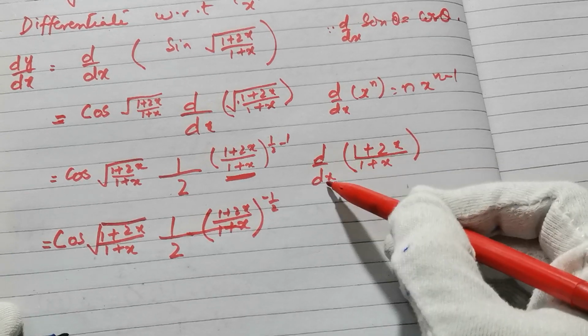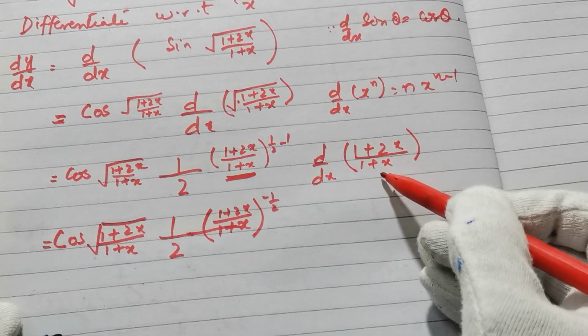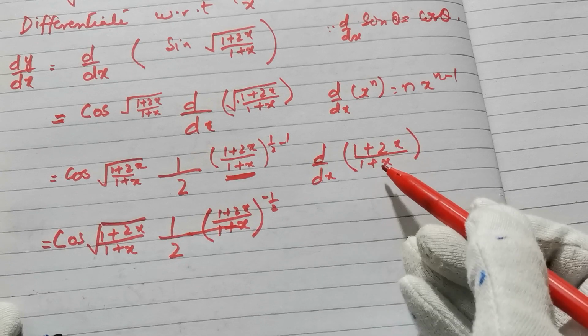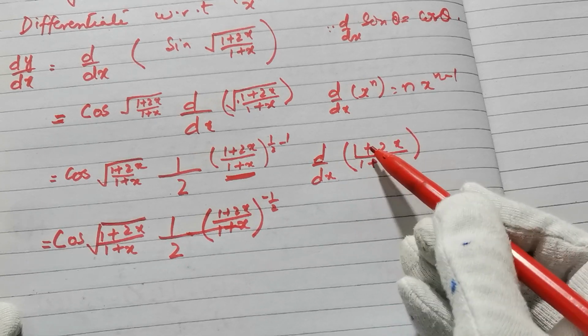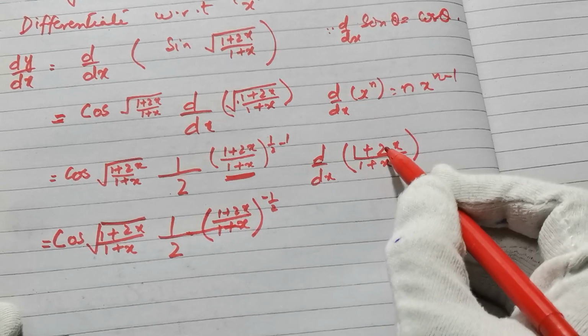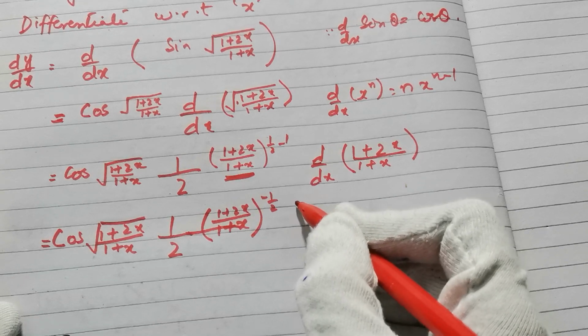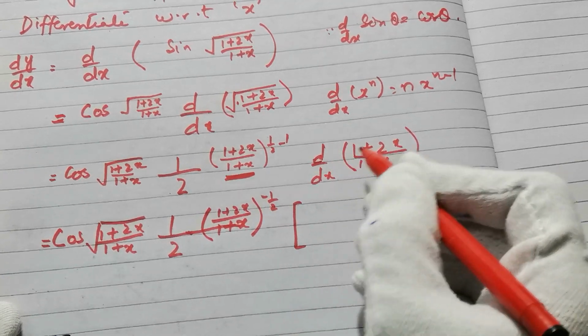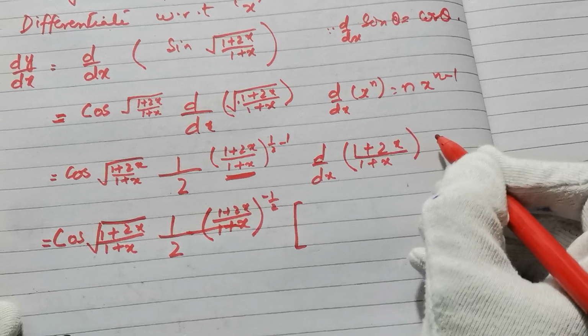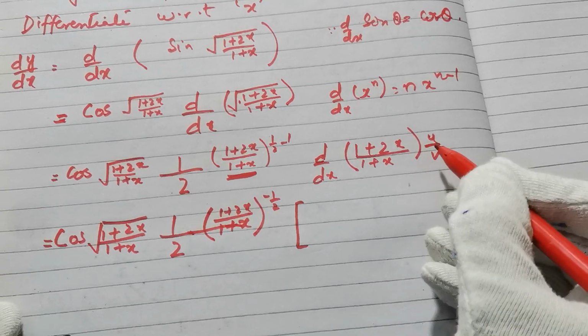How to take the derivative of any u by v form? This is in the form of a quotient. The derivative of u divided by v is equal to v times the derivative of u minus u times the derivative of v, whole divided by v square. This is u and this is v.